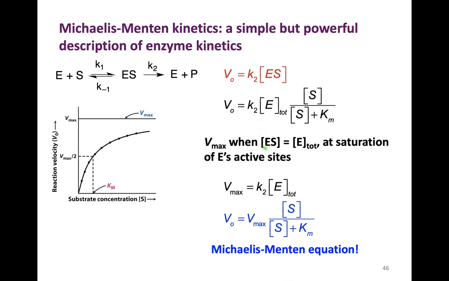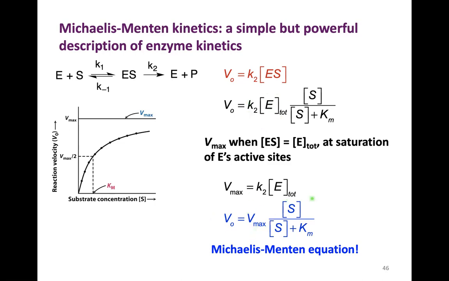Okay. So at maximum velocity, all active sites are filled in that enzyme. So all of E is E total at saturation. And so V max is defined by K2 times E tot, which we substitute here for V max.